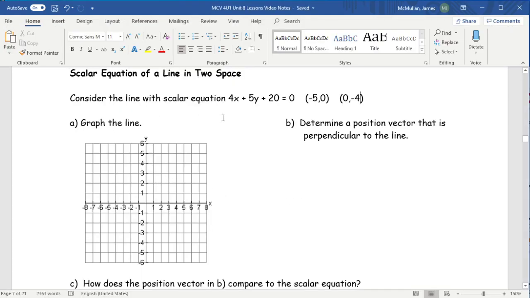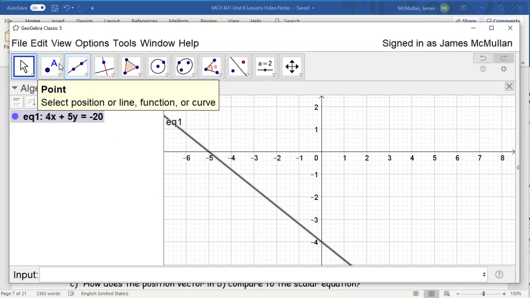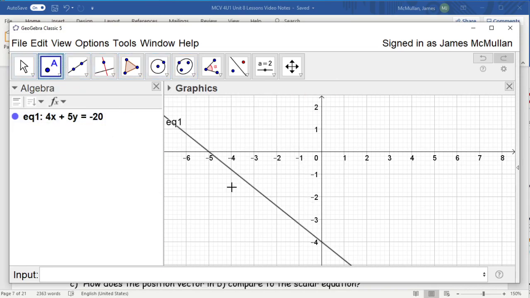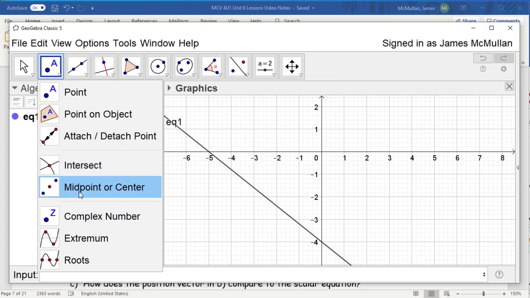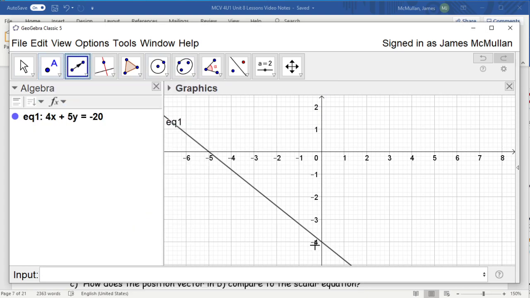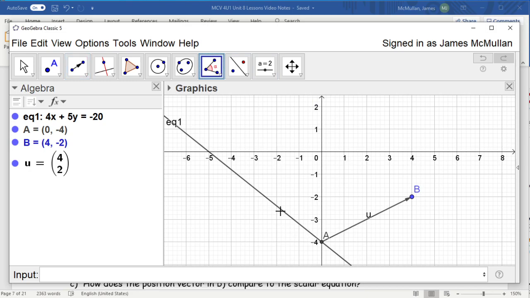Now, it says determine a position vector that is perpendicular to the line. All right, so let's try this. I'm going to draw a vector. Let's say the vector starts here, and I'll make a point here.